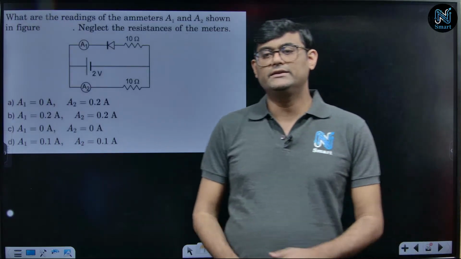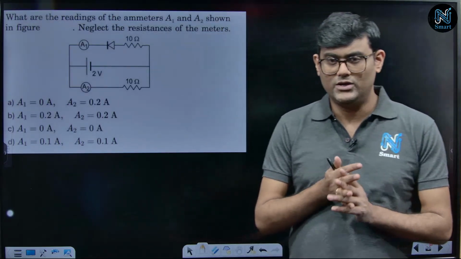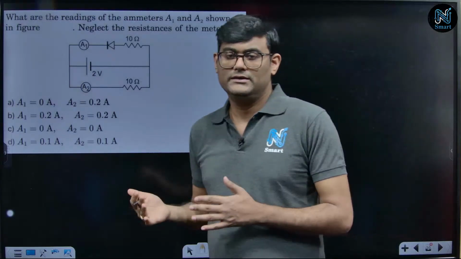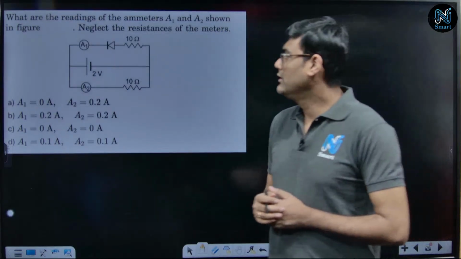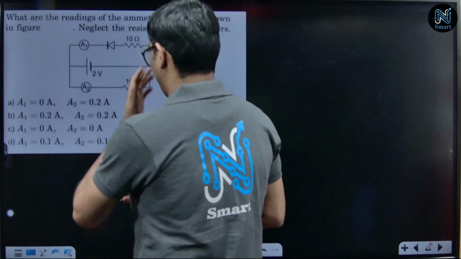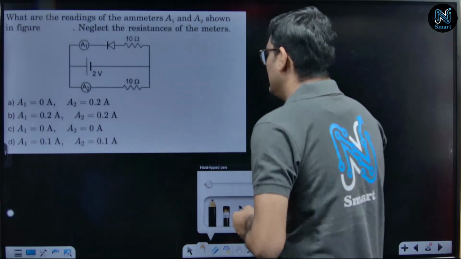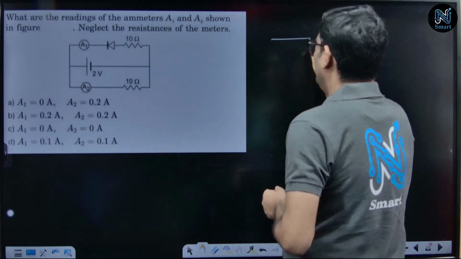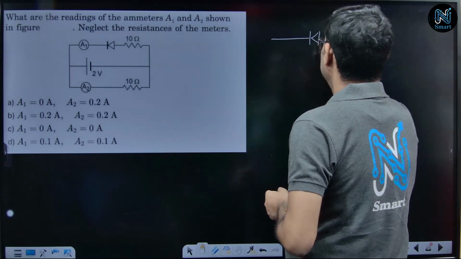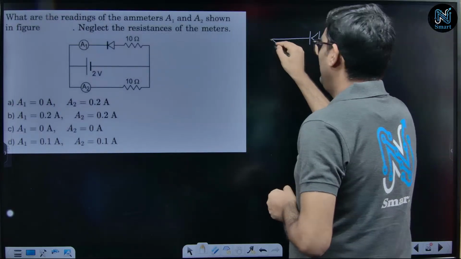Okay students, I think that you have tried this question by yourself. Now let us see the solution of this particular question. First I will redraw the circuit. I will not draw the ammeters, only the circuit.